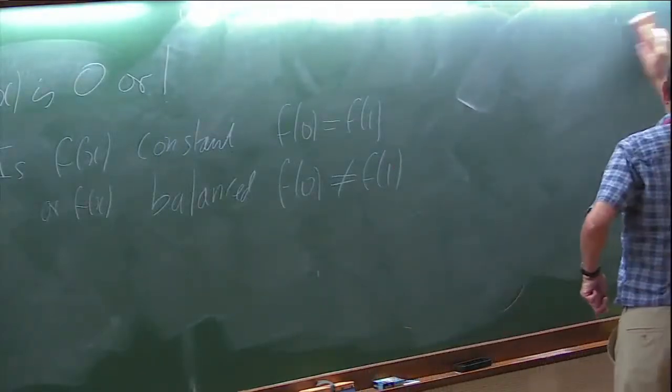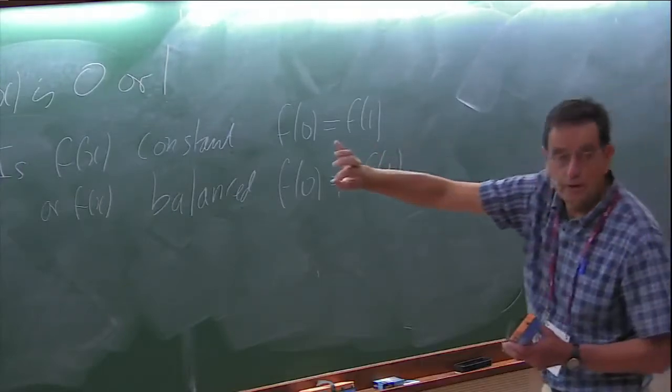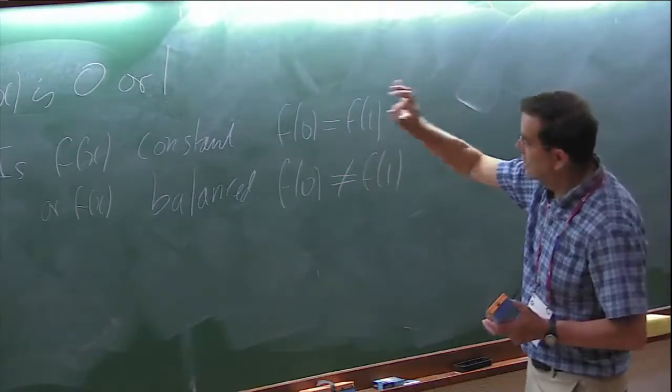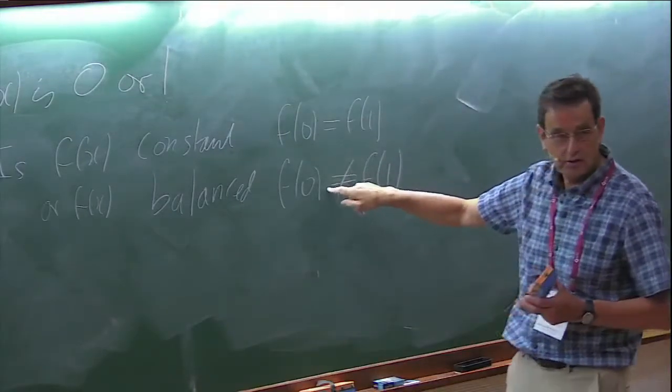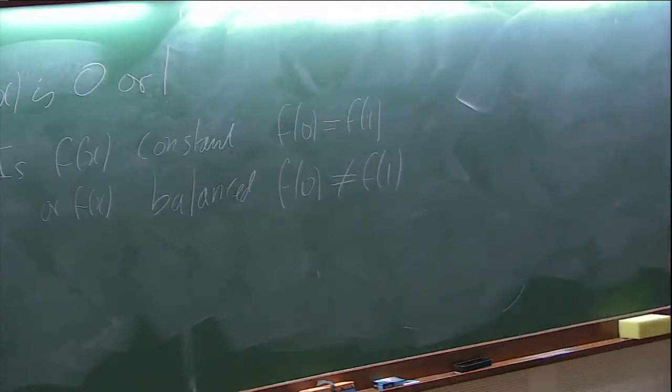When we do a measurement, we will not be able to determine separately what f of 0 and f of 1 are, but if we restrict ourselves to this more limited question, we will be able to answer this question with one call to the function. And the key will be these Hadamard gates again.